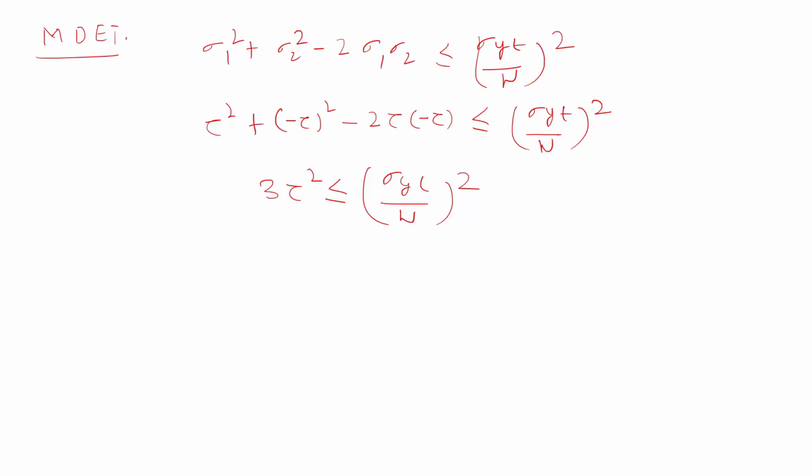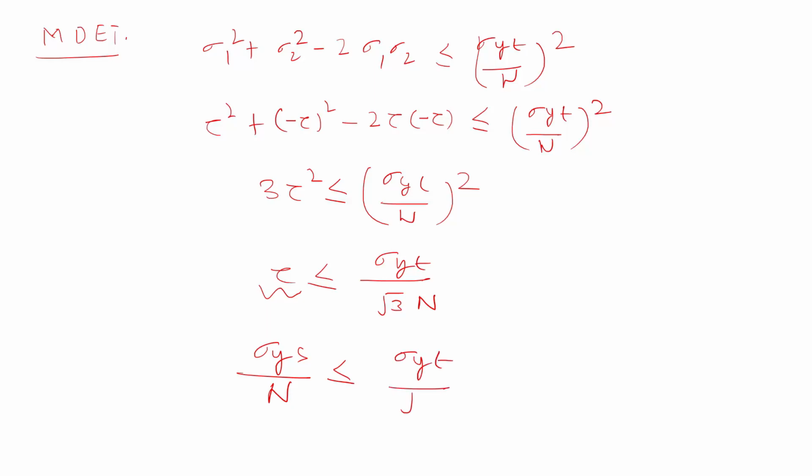Or from here we can say tau must be less than or equal to sigma yt over under root 3 n. N is the factor of safety, so this tau is sigma ys over factor of safety n, so this is sigma yt over under root 3 n, so n will get cancelled out, and from here we can say sigma ys is equal to sigma yt over under root 3.